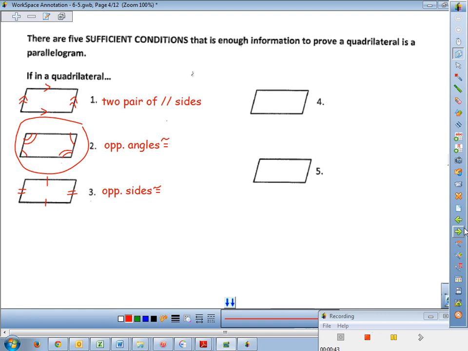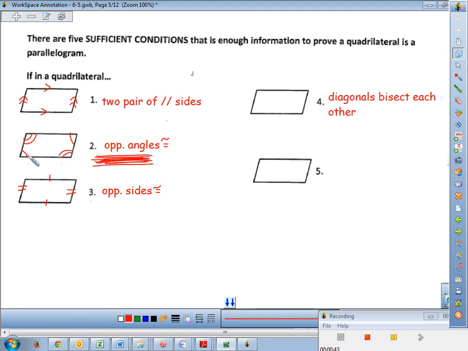And any two consecutive angles are supplementary. That was that other one, right? Because that flows with this one. If you have these 2 consecutive angles supplementary and these 2 and these 2, it would turn out that your opposite angles would be the same, right? So it flows together. Cool.